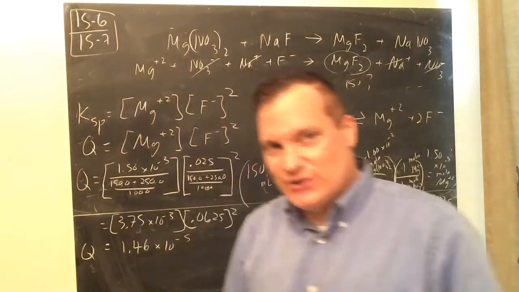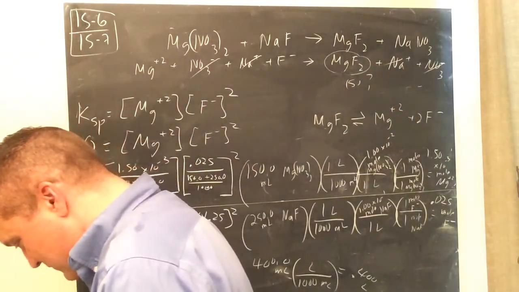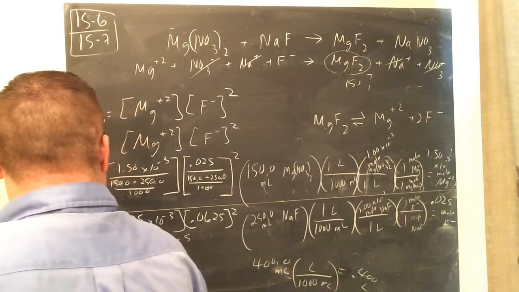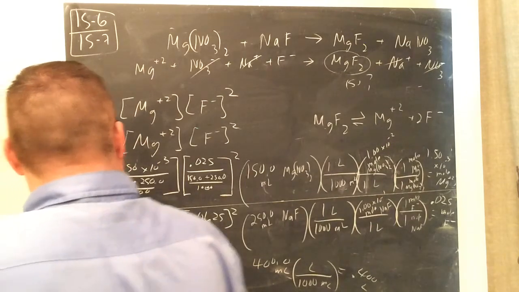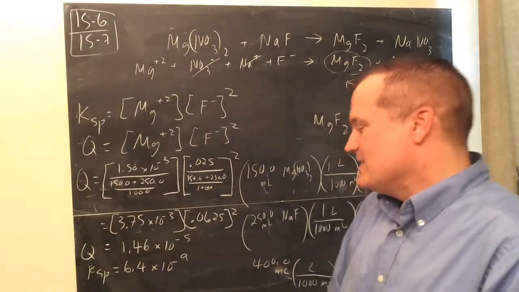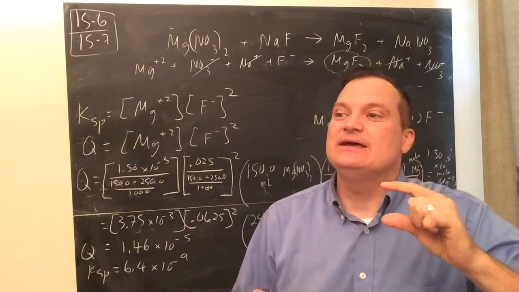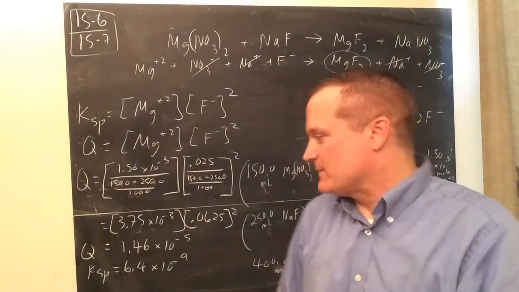Now, how does Q compare to Ksp? Ksp for this problem for MgF2 is 6.4 × 10^-9. So is Q equal to, greater than, or less than Ksp? The rule is, if Q is equal to Ksp, there will be solid, there will be an equilibrium system.